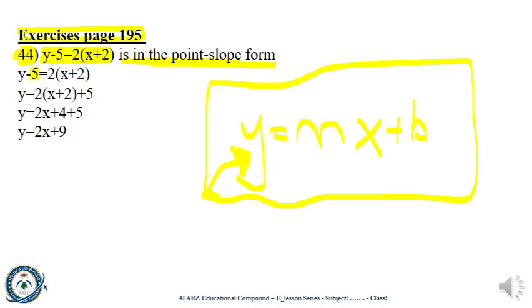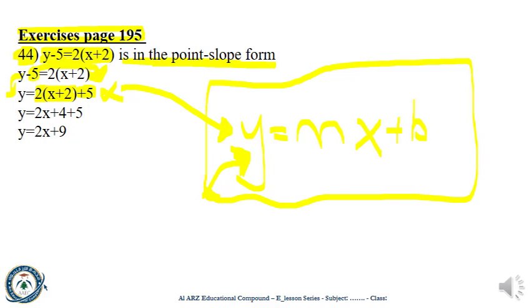So the first step is moving this 5 to the other side, and by moving it, we change its sign, right? As we did in the equations. Now, y minus 5 becomes y equal this, we did not change it, plus 5. Now, we don't leave it like this. Remember, we need this form, y equal mx plus b: something times x plus another number.